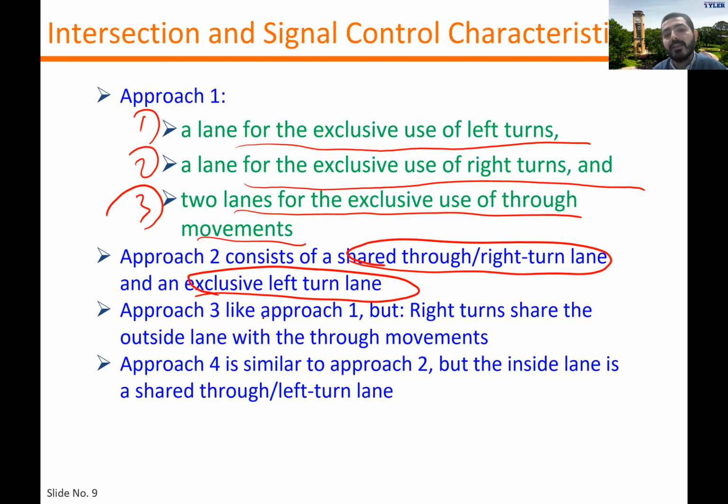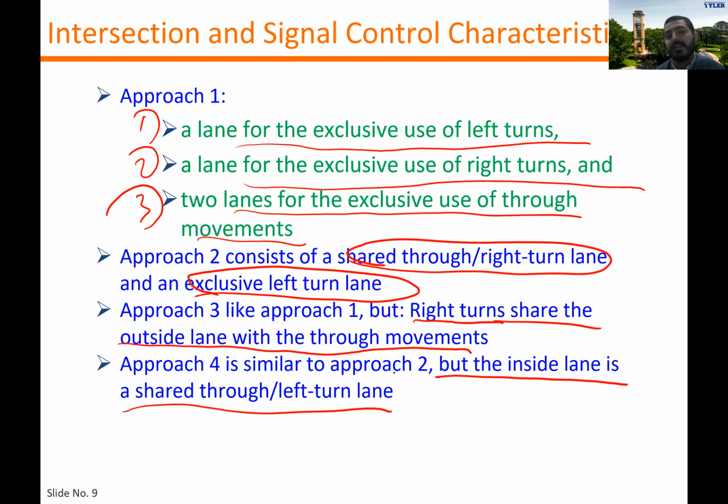Approach 3 is similar to approach 1, but the right turns share the outside lane with the through movements. Approach 4 is similar to approach 2 as well, but the inside lane is shared by through and left. This is just a very brief summary of some of the definitions here.